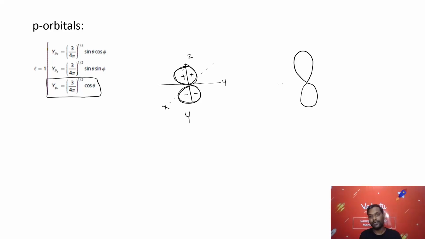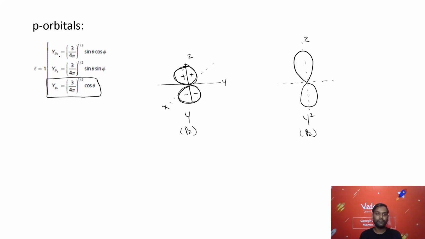This is elongated, and there will not be any sign, because when you square it, the plus and minus both become positive. This is psi square for pz, along the z-axis. Alright, so this is the contribution of the angular wave function in the shape of the pz orbital.